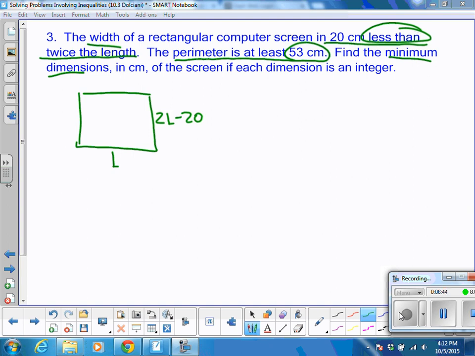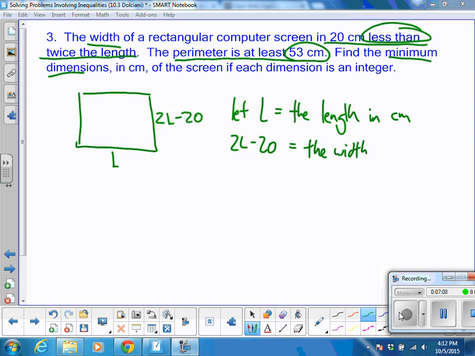So we're going to let L equal the length in centimeters. And then 2L minus 20 equals the width in centimeters.